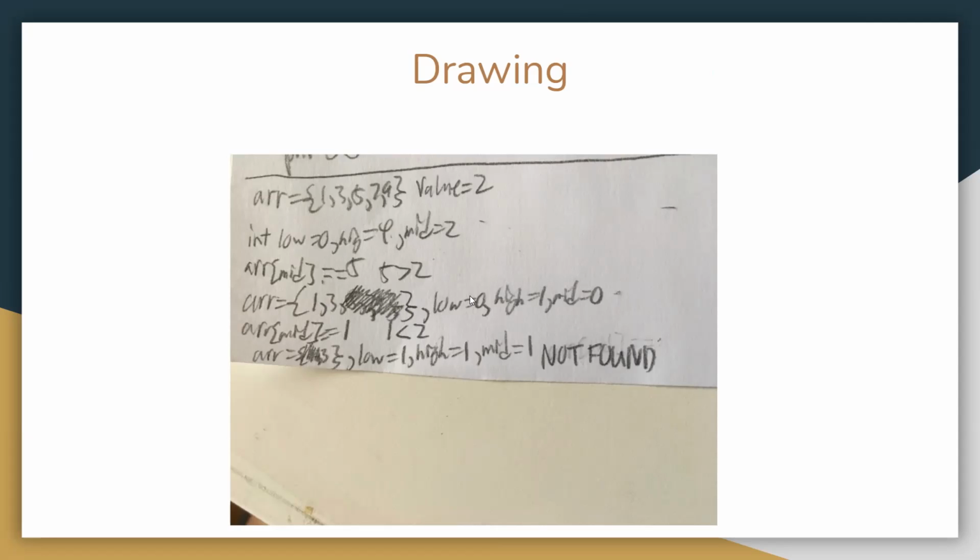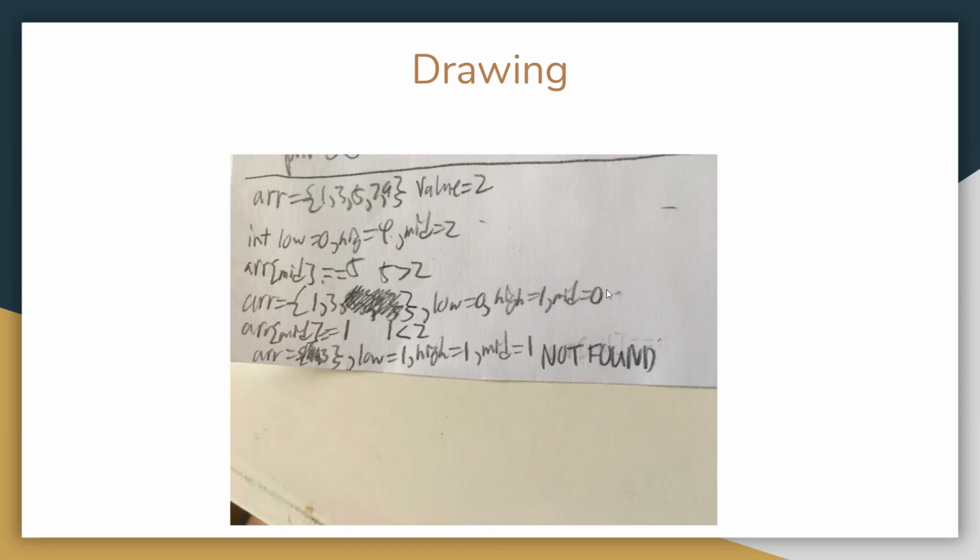And then we have to reset those values. Mid was originally 2, and we already X'd out index 2, so we move the new high to 1 because you can't have index 2 if it's not there. So high is equal to 1, low is the same.